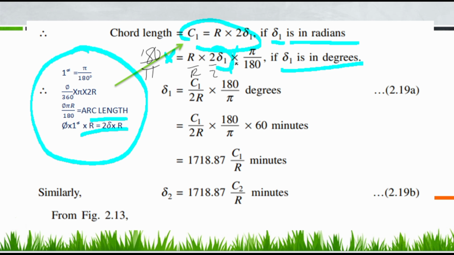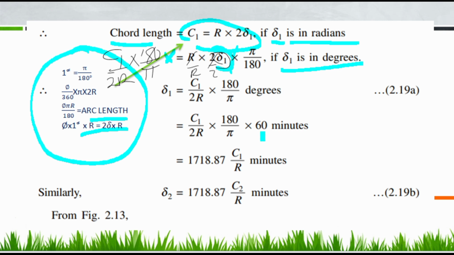If we divide that, C1 is equal to 2R times the deflection angle, and when we divide by 2R on both sides, the R and the 2 cancel and we remain with our deflection angle. So our deflection angle is equal to C1, the chord length, over 2R multiplied by 180 over pi, in degrees. Remember that.